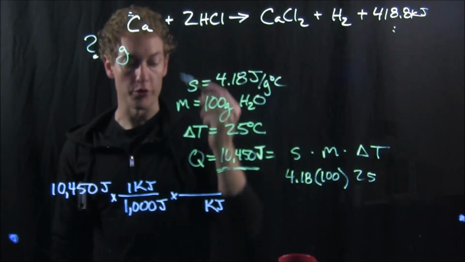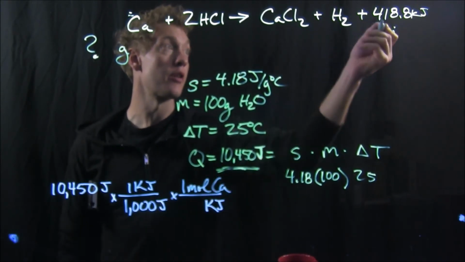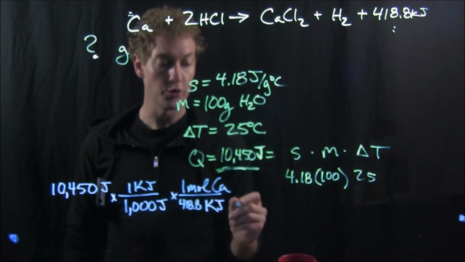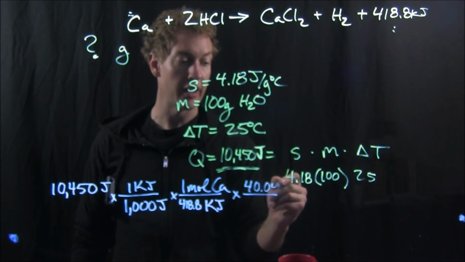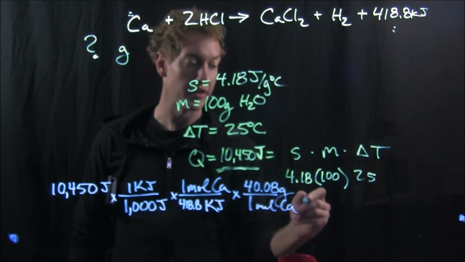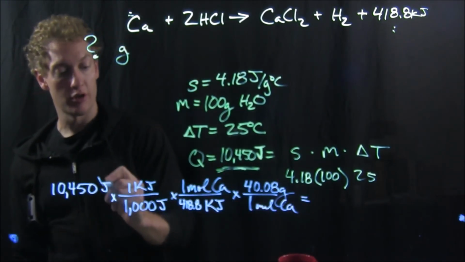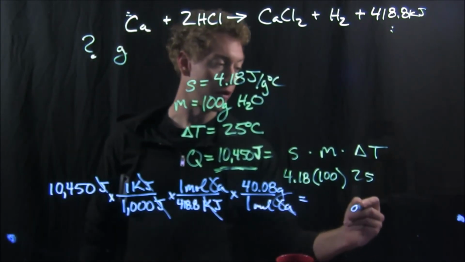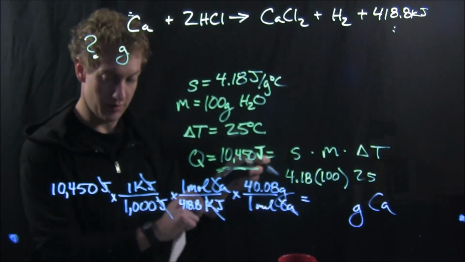Now it's time to go to moles. So 1 mole of calcium for every 418.8 kilojoules times, then it's 40.08 grams of calcium for every 1 mole of calcium. True statement, true statement, true statement. Units cancel. I'm left with grams of calcium.